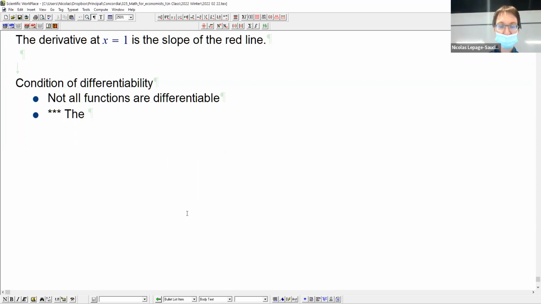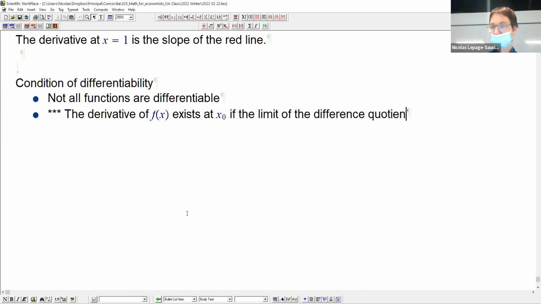The derivative of f of x exists if the limit of the difference quotient exists at x0 as h tends to 0.